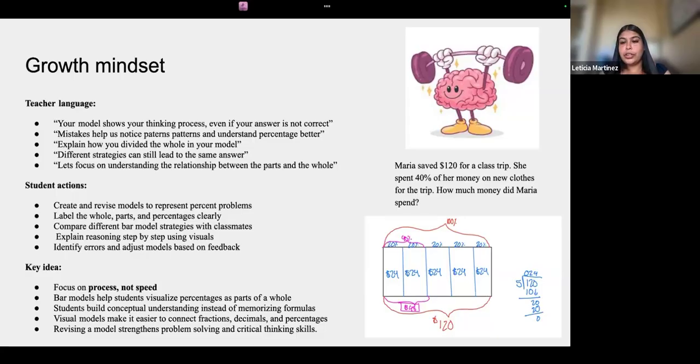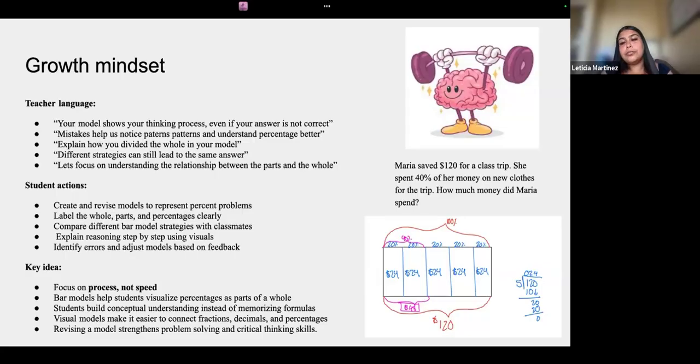As you can see over here, there's an example of a question where Maria saves $120 for a class trip. She spent 40% of her money on new clothes for the trip. How much did Maria spend? You can see I divided them. I did a whole bar, which is 100%, and that's the $120 that she saved, where we needed to find the 40%.